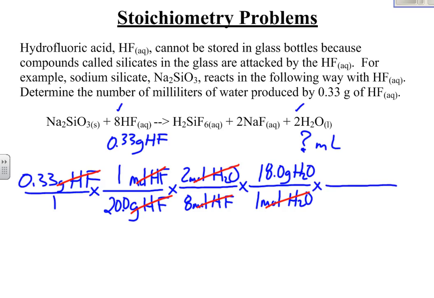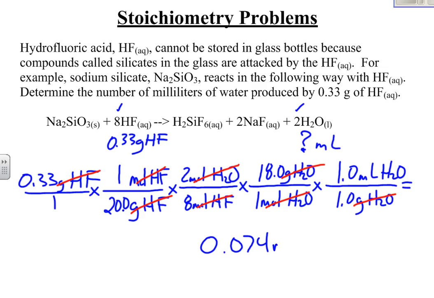And using the density of water, 1 gram per milliliter, we get milliliters of water. Multiplying by all the numbers on the top, dividing by all the numbers on the bottom, we end up with 0.074 milliliters of water produced.